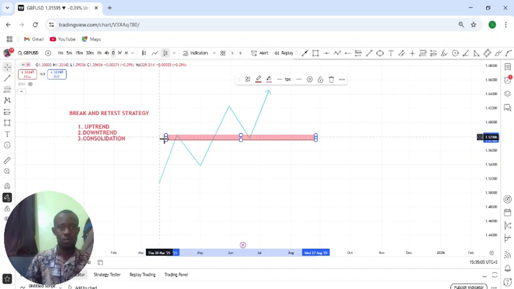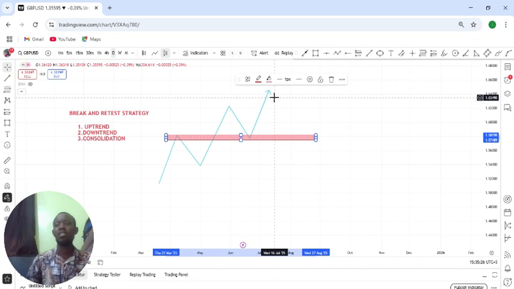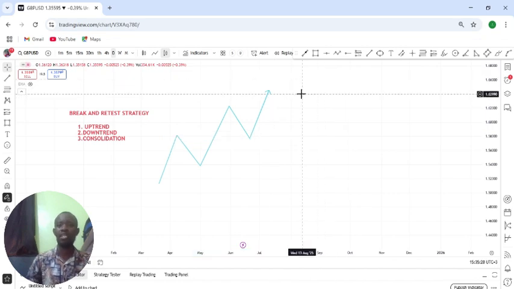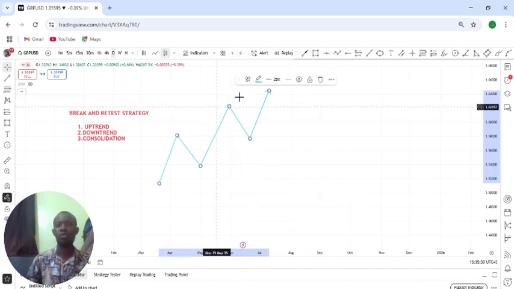On this higher high, our market has to break this zone and come back to the zone for a retest and give us an entry confirmation, which may be the Fibonacci sweet spot confirmation. The market can also give us candlestick patterns for us to confirm that there is an entry into the market, and the entry is always on the 15-minute time frame.